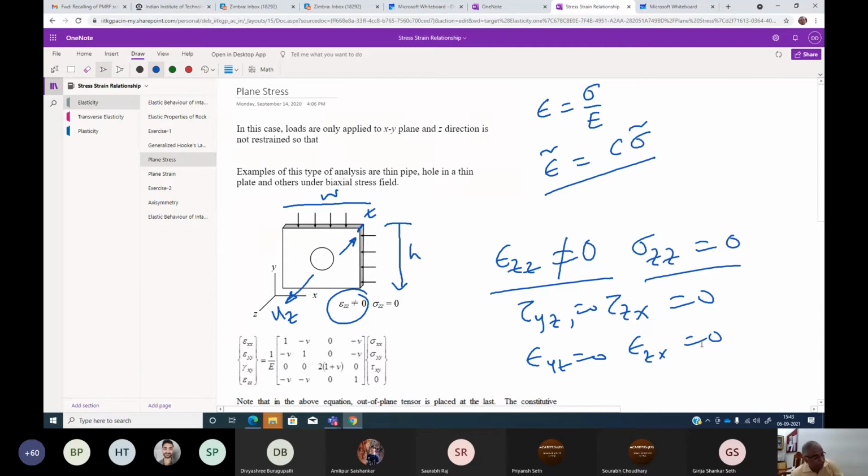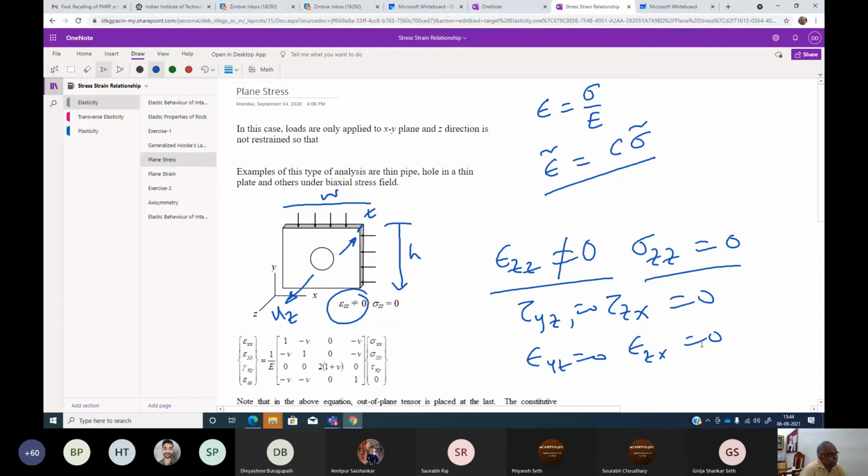So the only thing is epsilon ZZ will be non-zero, and in that case, this will be called a plane stress condition. As the name suggests, stress is generated only on that plane where the load has been applied.